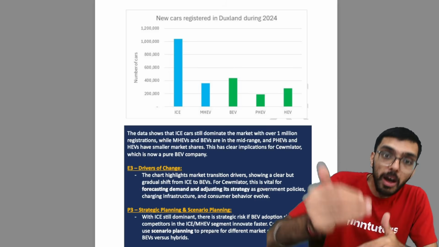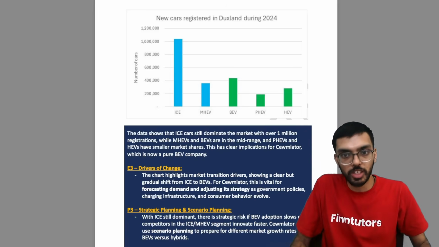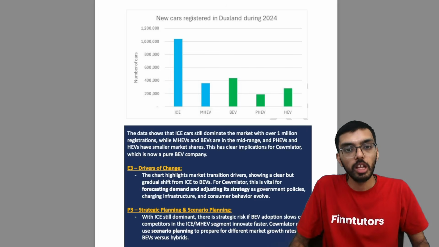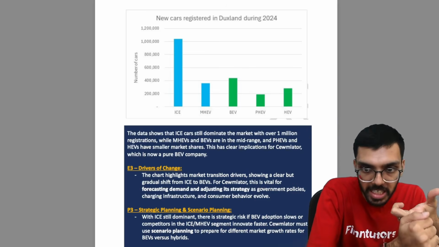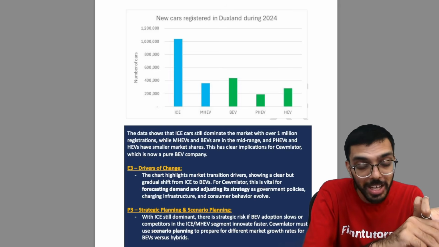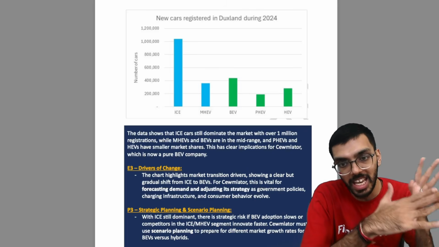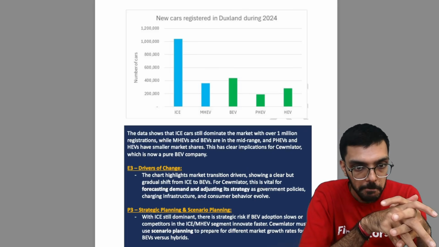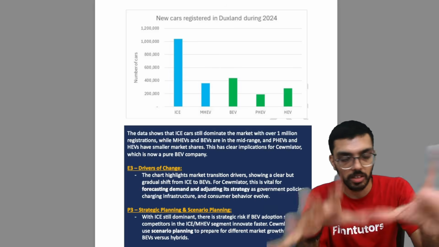BEVs were just above 400,000, so BEVs have already overtaken MHEVs. If I were to order them, first ICE, then BEV, then MHEV, then HEV, and then comes PHEV at the end. So we are sitting second in this graph.